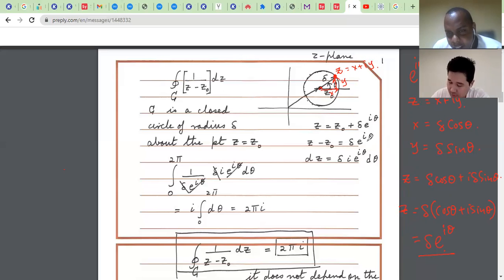This point is going to be delta e to the i theta away from z naught. You can see that. It's delta e to the i theta away from z naught, and that's why we are saying that the point z is going to be equal to z naught plus delta e to the i theta.